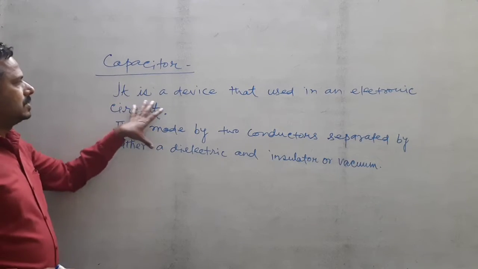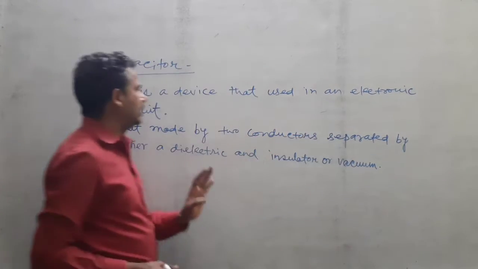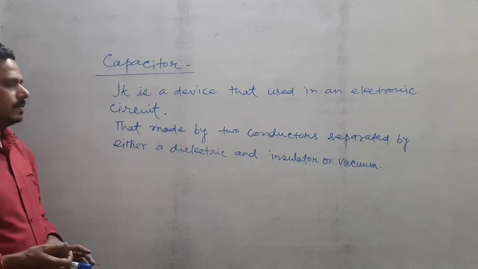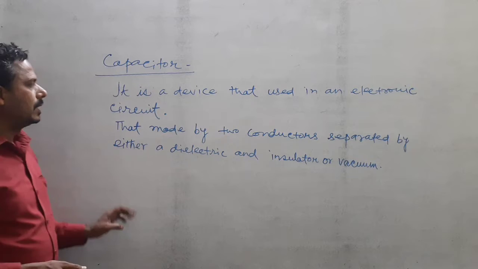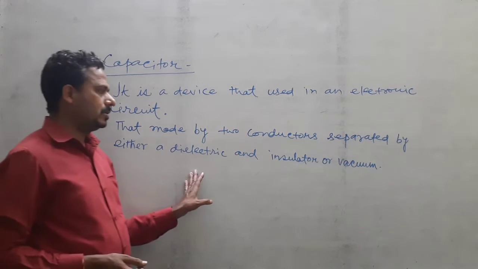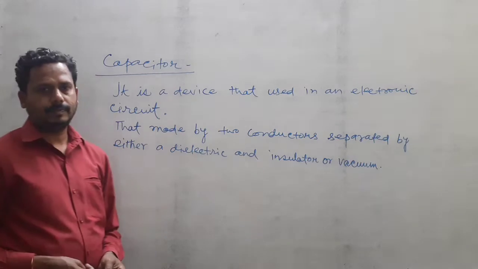That means this capacitor is basically a device that is used in an electronic circuit, made by two conductors separated by either a dielectric or vacuum, that is called an insulator.